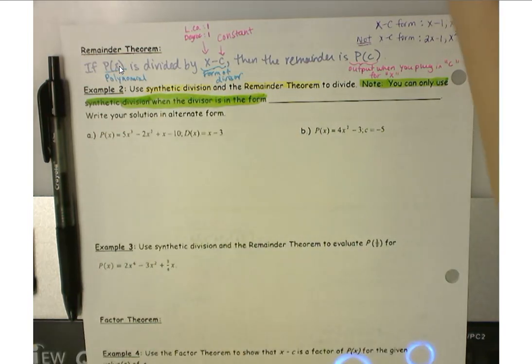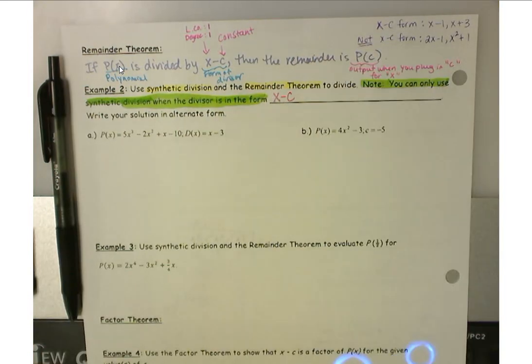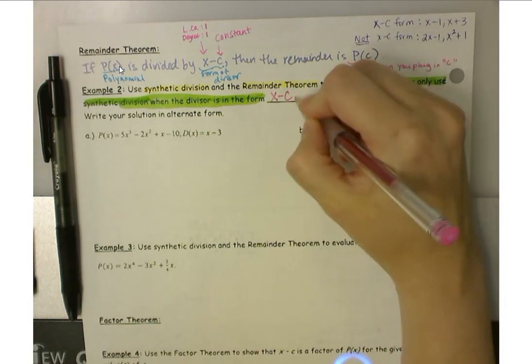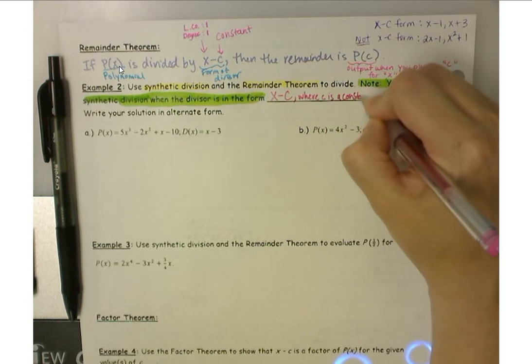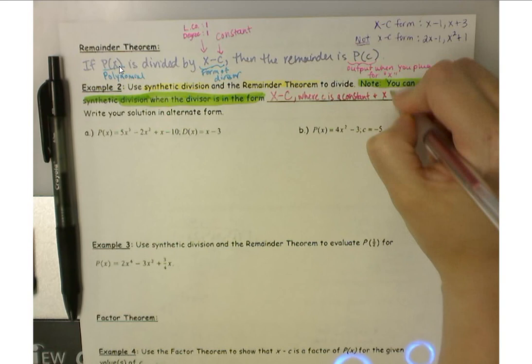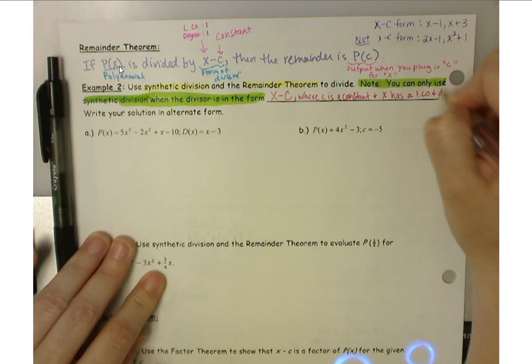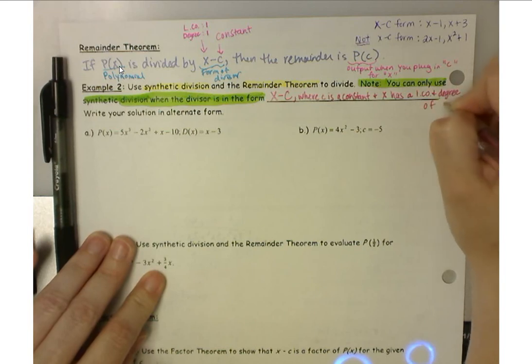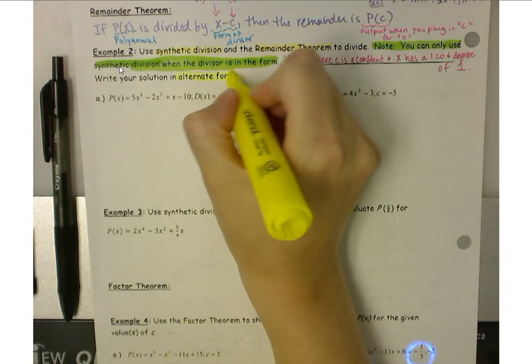Okay, and that form is x minus c, where c is a constant and x has a leading coefficient and degree of 1. And then this also tells us that we are going to write our solution in the alternate form.